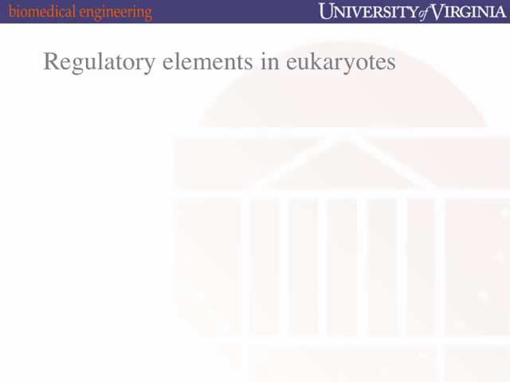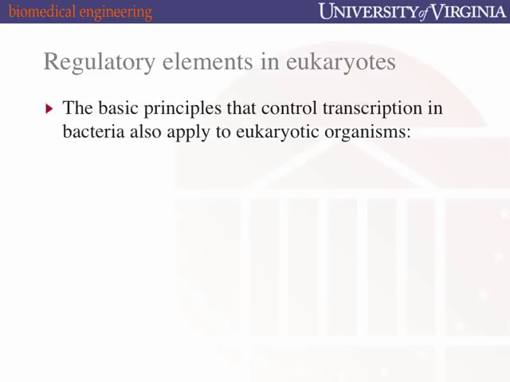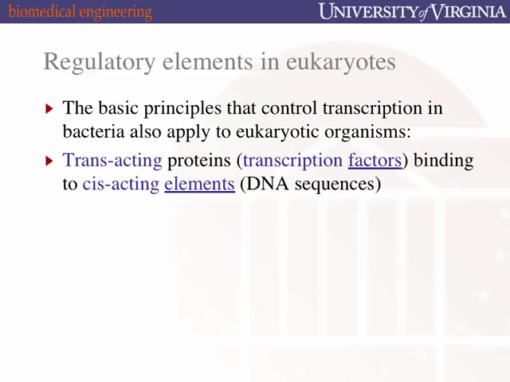Good. Now that we have the basic concepts of transcriptional regulation in prokaryotes, we can pivot to the similarities and differences in eukaryotes. We also have trans-acting factors, trans-acting proteins, which we call transcription factors. And these bind to and recognize cis-acting elements, and those are DNA elements.